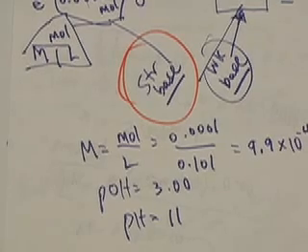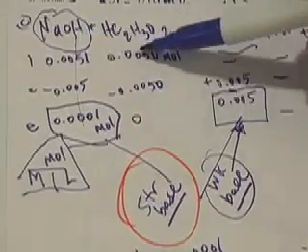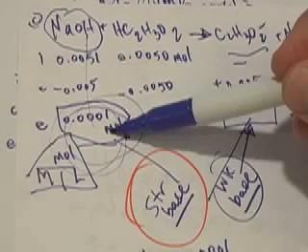So if you end up with a titration where you have a strong substance with a weak substance, if there's strong left over, that'll drive the pH.